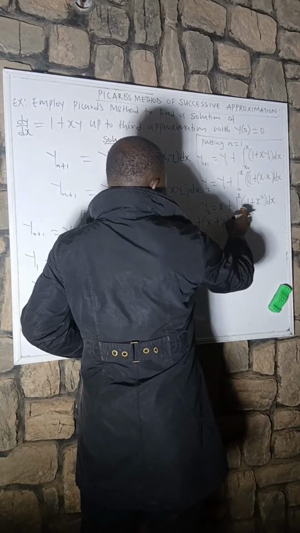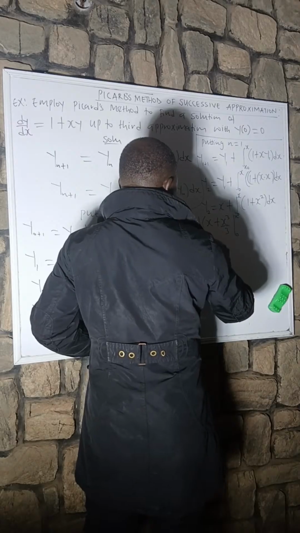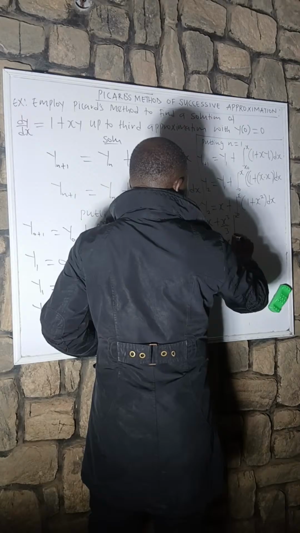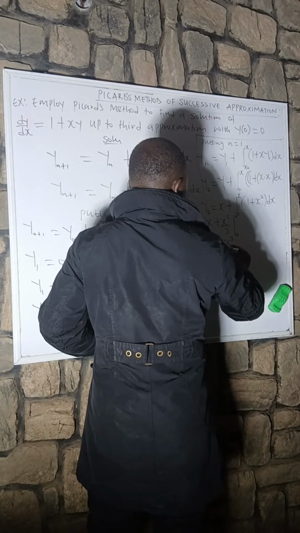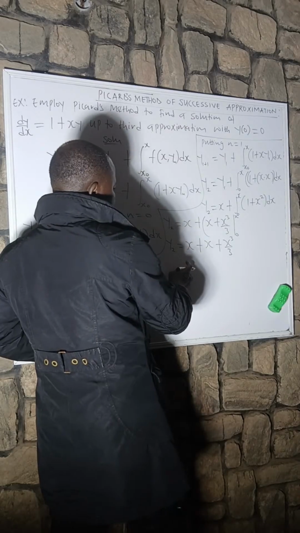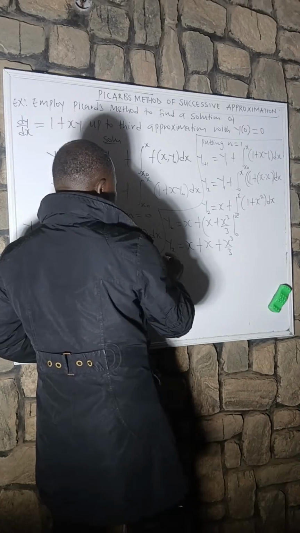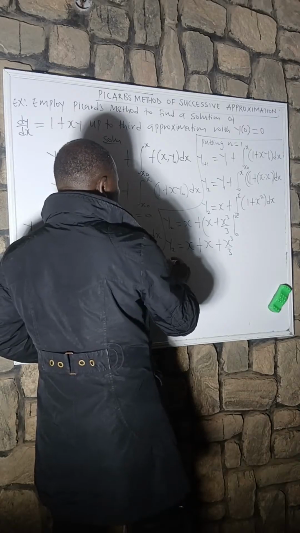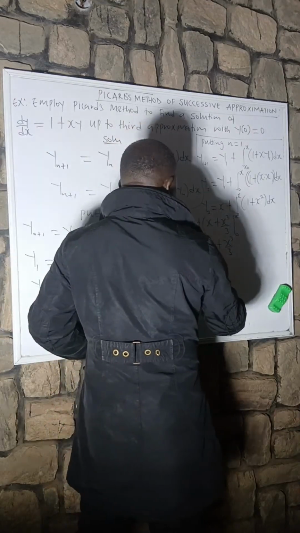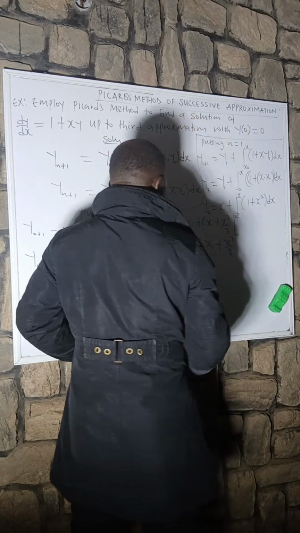Already this is 0. Anywhere you see is the same x. X plus x plus x raised to the power of 3 all over 3. Honestly, we can add this to this to give us our y2 is equals to 2x plus x raised to the power of 3 all over 3.